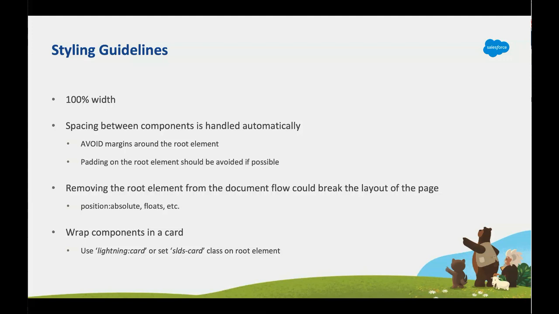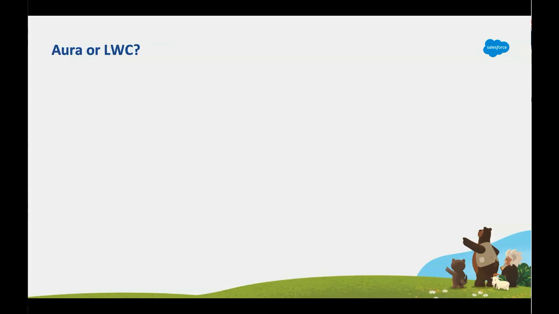Now, if the admin chooses to configure those properties in the org, and you don't use a card to wrap your component, it could look broken depending on the color schemes, etc. If you do use a card, we'll make sure that your component renders fine, looks fine, regardless of what configurations the admin has. So again, something to keep in mind when you build out your components.